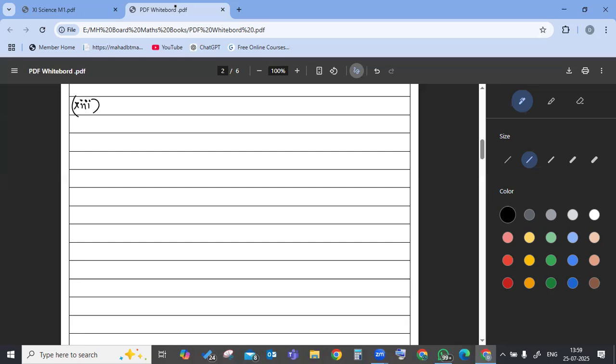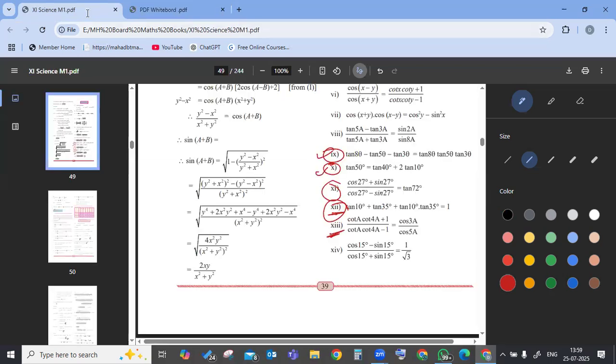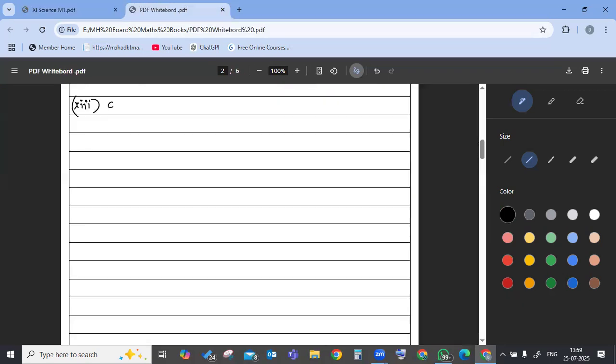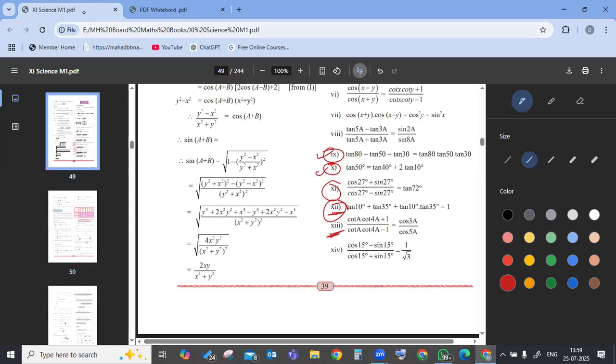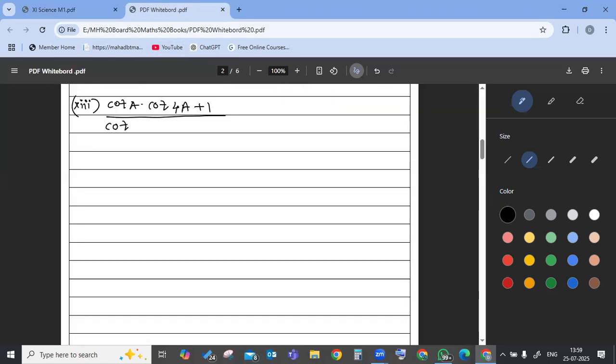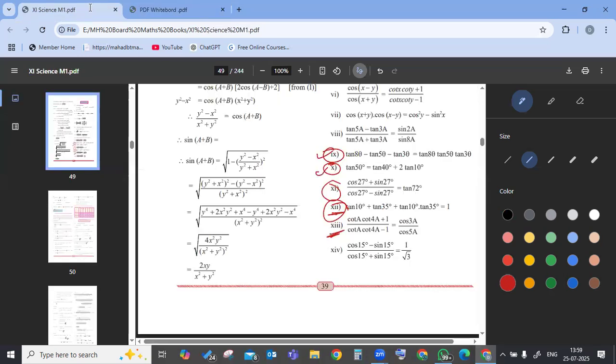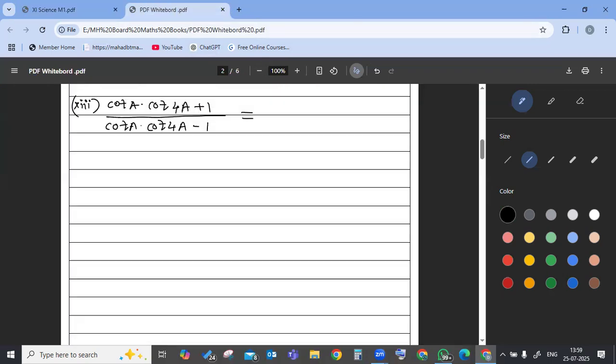See, we have to prove cot A into cot 4A plus 1 divided by cot A into cot 4A minus 1 is equal to cos 3A divided by cos 5A.